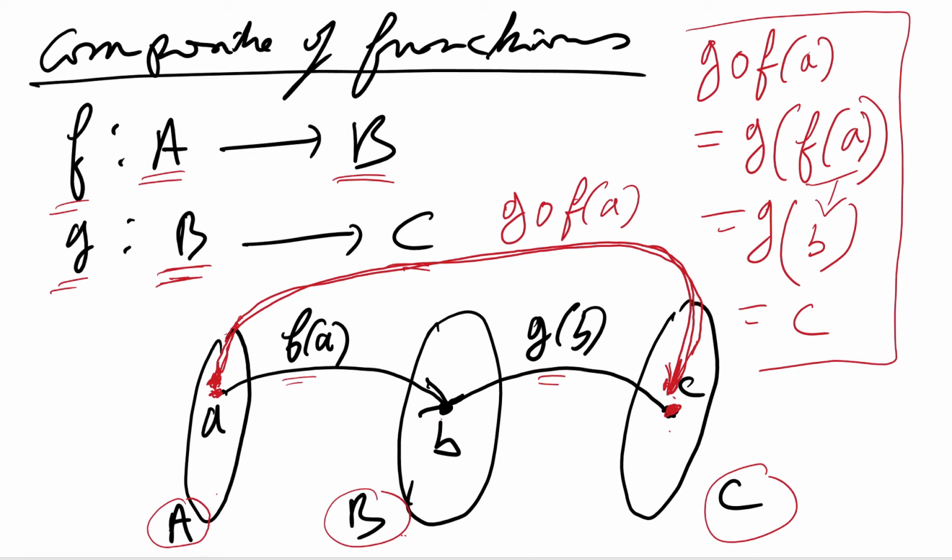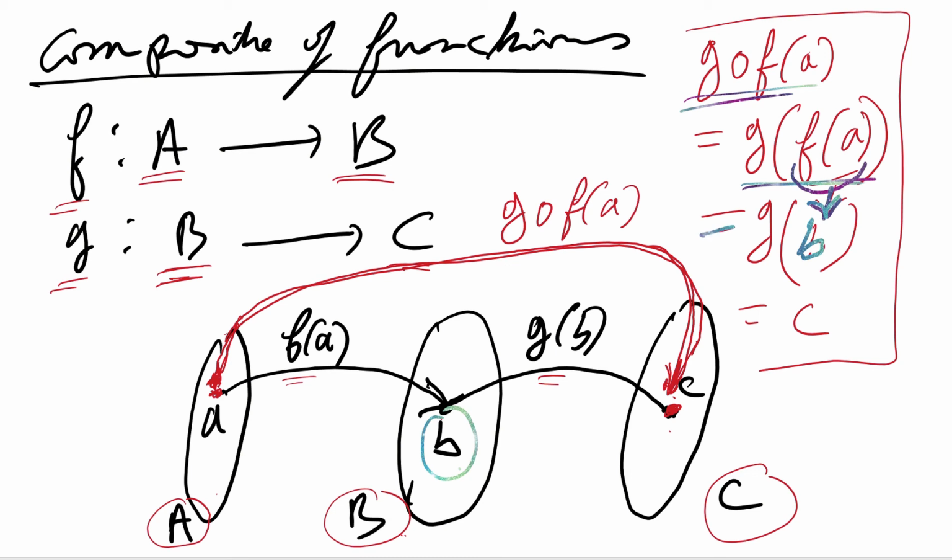And I say that g round f of a is the same as g of f of a. As you can see here, g round f of a is the same as g of f of a. So this is the same thing. And what is f of a? That means whatever f of a outputs, you can just replace it in g. So basically this gave me b, because based on this notation, f of a gives us b, so we can replace this by b.